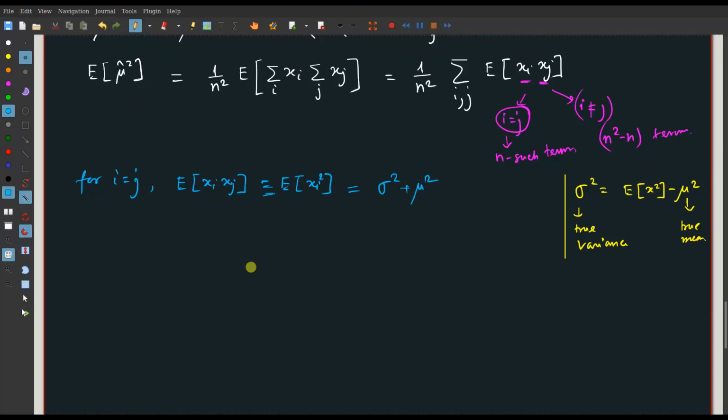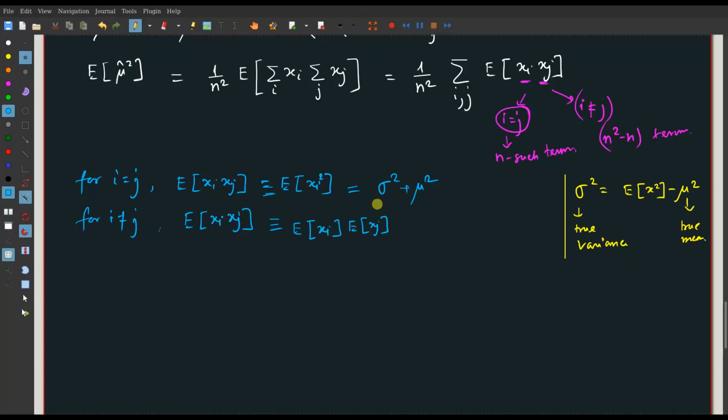Now for i not equal to j, the expectation value of xi times xj: since xi and xj are independent measurements, there is no correlation between them. So this is the expectation value of xi times the expectation value of xj.